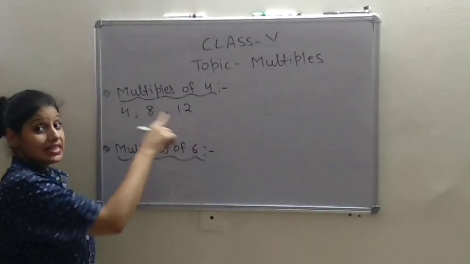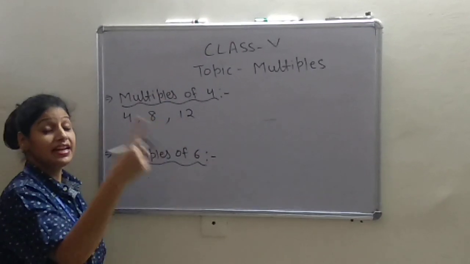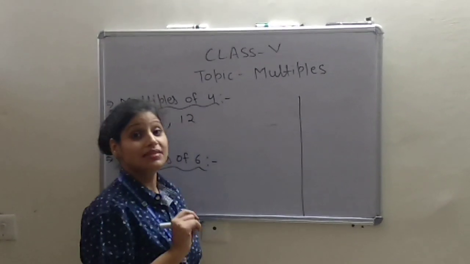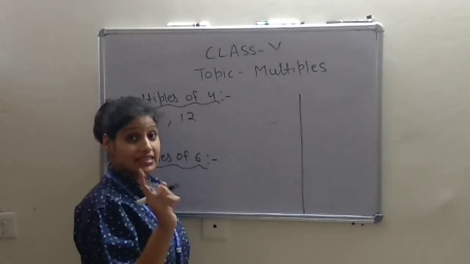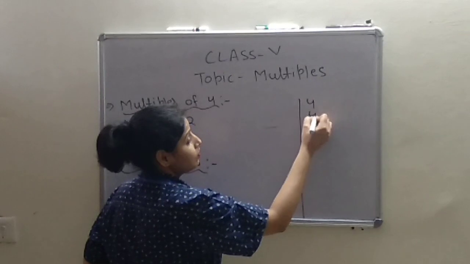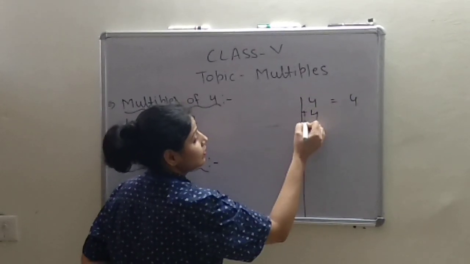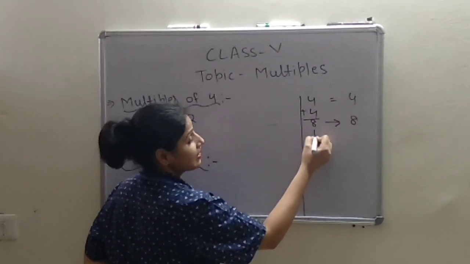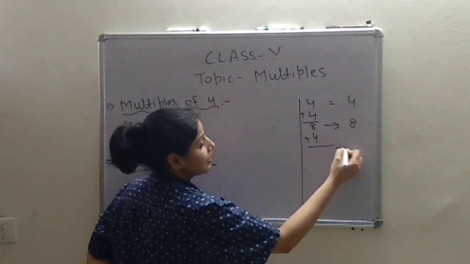These are multiples. And how is it coming? Repeatedly you are adding 4 and 4. Remember, multiplication is repeated addition. So see, 4, then 4 plus 4 is 8, then one more 4 I am taking here, then you are getting 12.